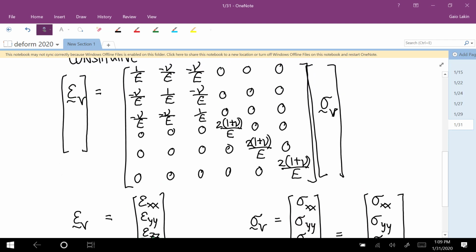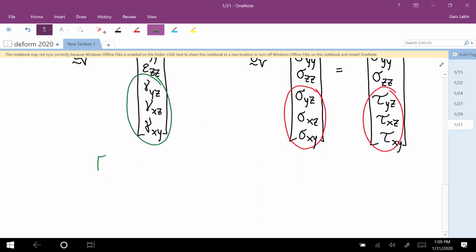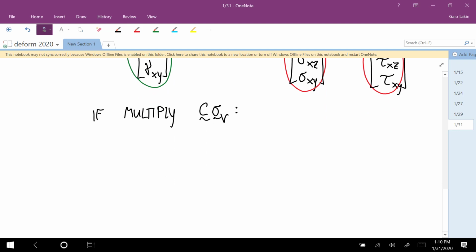So what does this mean if you multiply the compliance matrix by the Voigt stress? These are the relationships you get.